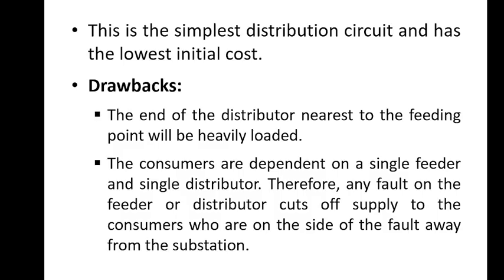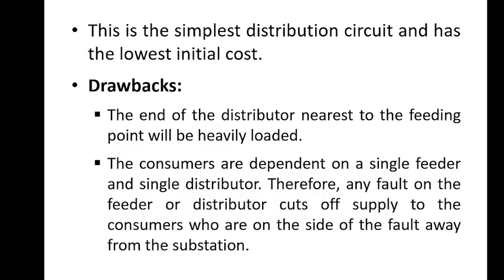Okay, this slide highlights the advantages and drawbacks of the radial distribution system. One of its main advantages is that it is the simplest type of distribution circuit, which results in the lowest initial cost compared to other systems. However, it has several important limitations. In this configuration, the section of the distributor closest to the feeding point carries the highest current and is therefore more heavily loaded than the rest of the line.